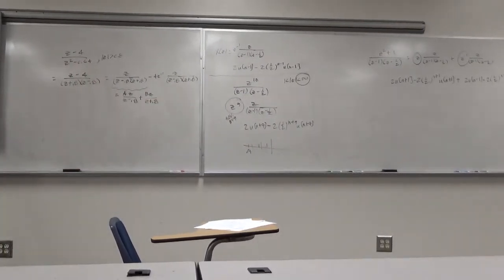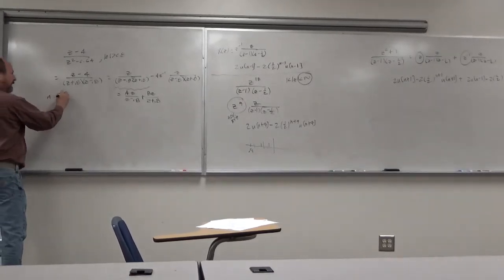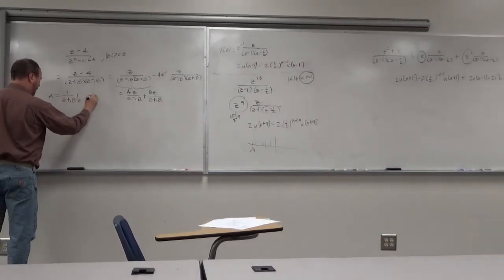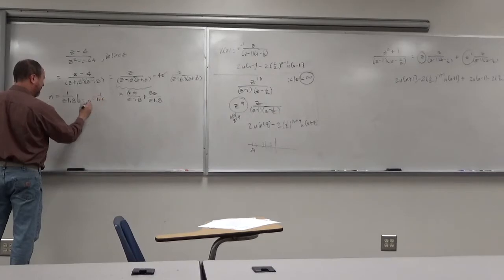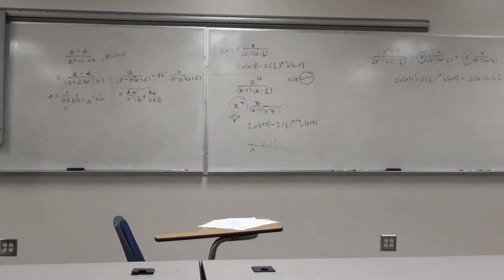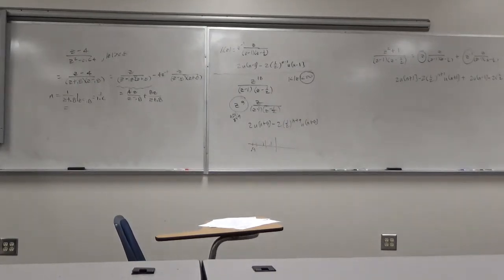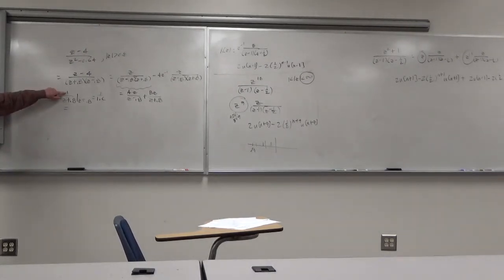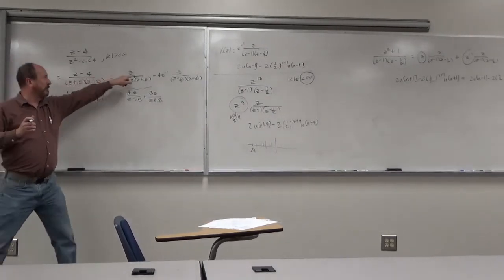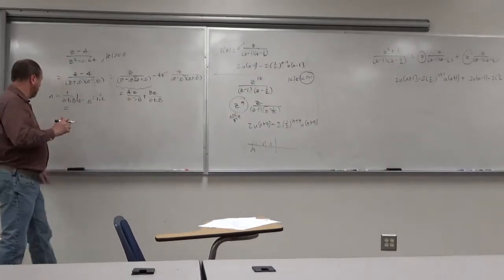And just real quickly, I'm going to find a and b. A is 1 over z plus 0.8, evaluated at z is 0.8, 1 over 1.6. I took z out, so I'm going to put z back into this.